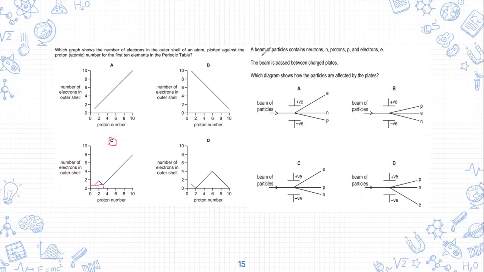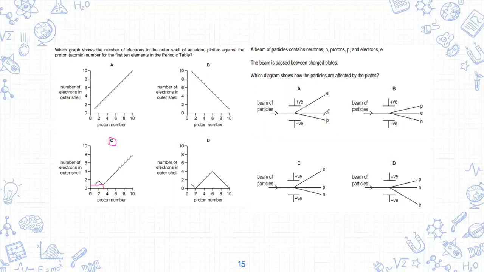Coming on to the next question, all of these options are incorrect. A beam of particles contains neutrons, protons, and electrons, and the beam is passed between charged plates. You have to tell how the particles are affected by the plates. The beam of particles passes through these charged plates, which are positive and negative.